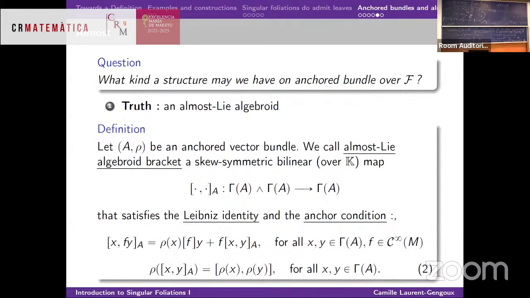So this bracket is almost nothing. It's not Lie. But if I apply the anchor map, it's a morphism to vector fields, which is Lie, which implies that the Jacobiator is killed by the anchor map. So it is in the strong kernel. Okay, so the Jacobiator is valued in the strong kernel.